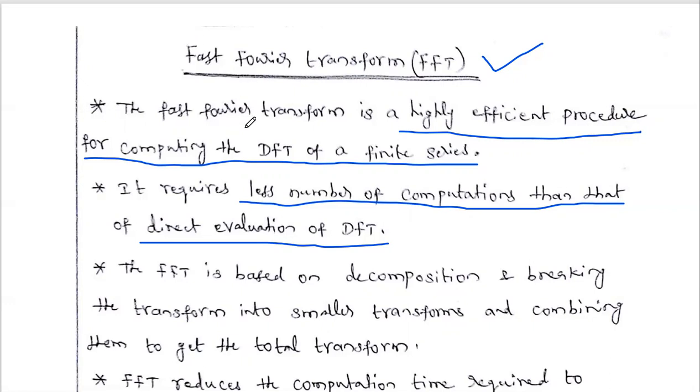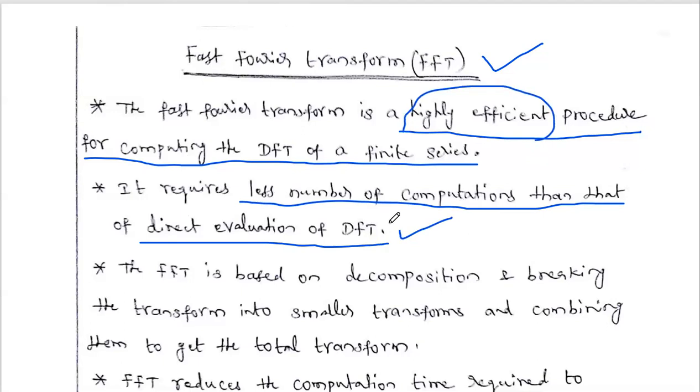In the direct evaluation DFT, the number of multiplications and additions is very high compared to the fast Fourier transform. When we use the FFT to compute that 4-point DFT, it requires far fewer additions and multiplications than the direct evaluation method. That's why the FFT is called a highly efficient algorithm.